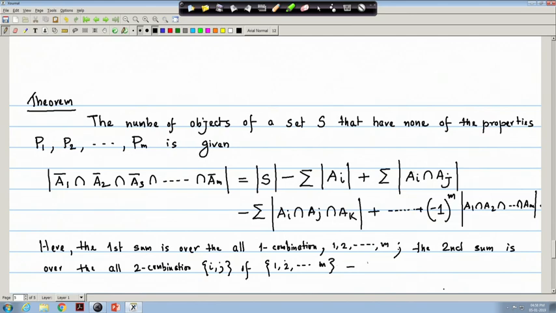Third combinations is i, j, k. I should write the three combinations of i, j, k of 1 to m, and so on.